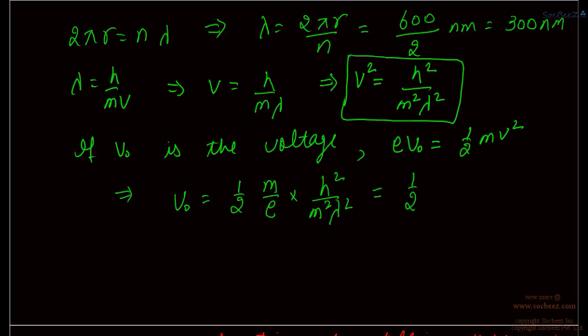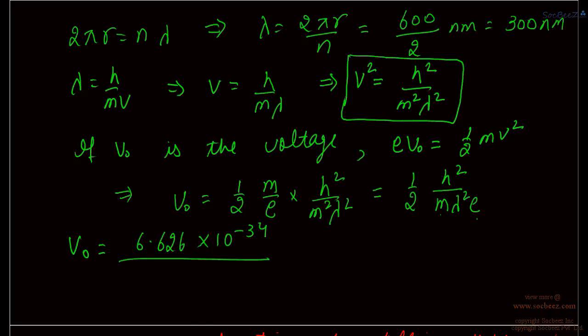Simplifying it, we get the value of half h square upon m lambda square into e. So we know the value of h, we know the value of lambda now, we know the value of e, we know the value of m. So V naught equals 6.626 into 10 raised to the power minus 34 upon 2 into 9.1 into 10 raised to the power minus 31 kilogram.